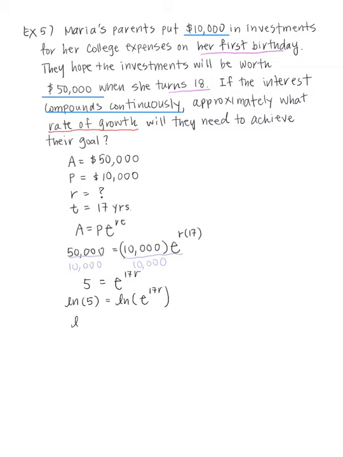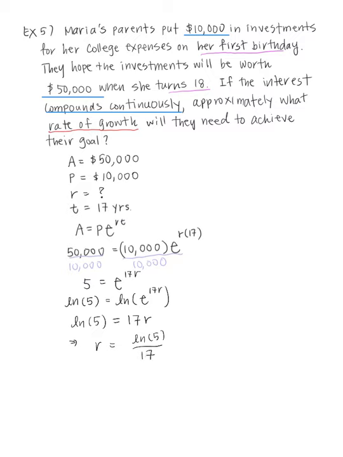Now ln of 5 is some kind of decimal value that you're going to get. On the right hand side, applying the log property, we just have 17r. Yay, we're almost done. So that implies that our r is ln of 5, whole thing divided by 17.